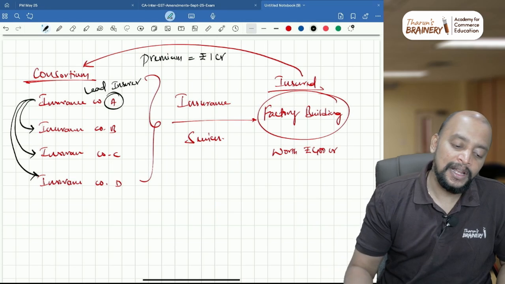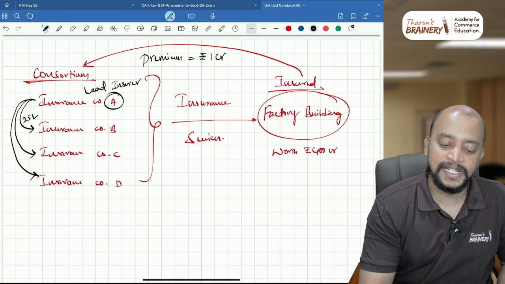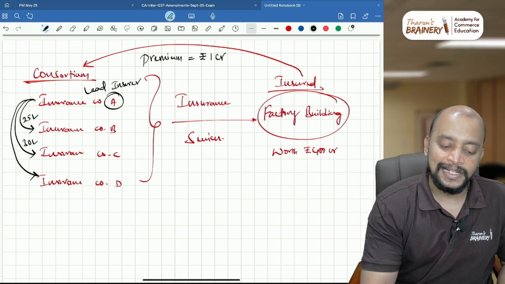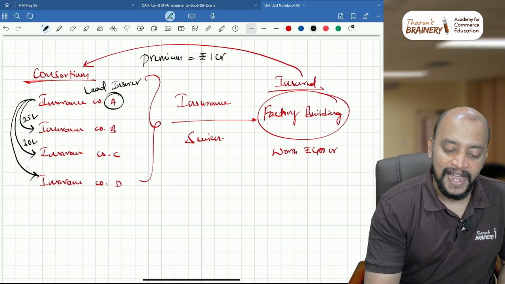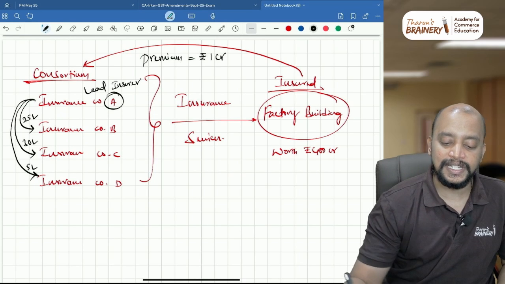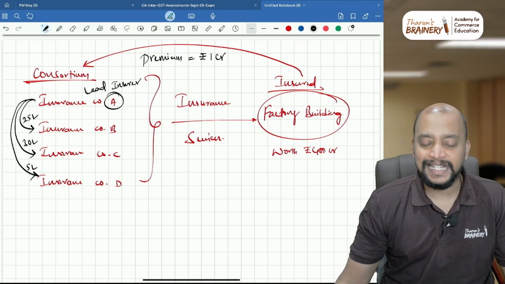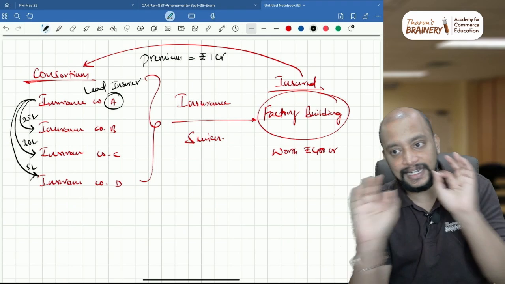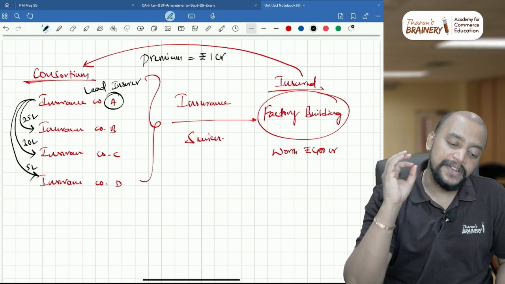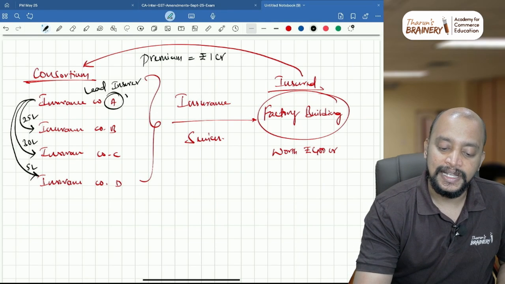Say for example, 25 lakhs given to insurance company B, 30 lakhs given to insurance company C, and 5 lakhs given to insurance company D. So what is happening here? 25, 30, 5, that is 60 lakhs they have shared, and they retained 40 lakhs. Is it clear? So 40 lakhs is what the lead insurer has retained.